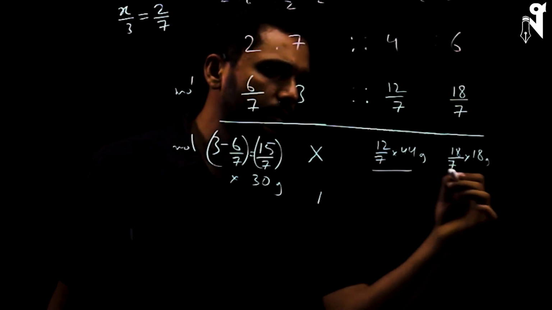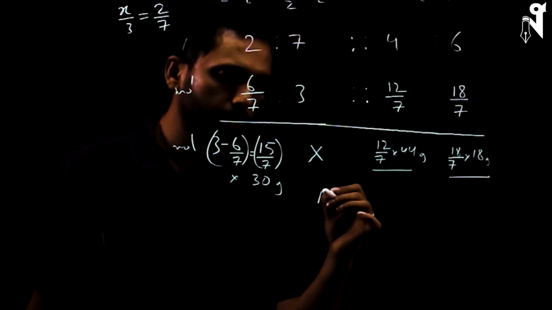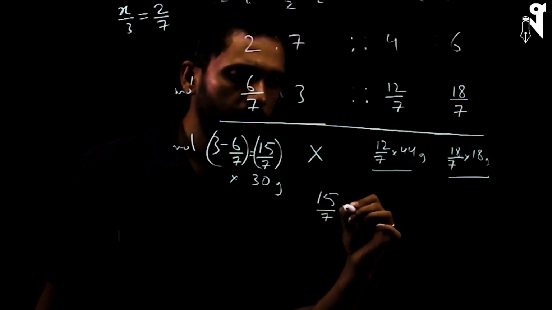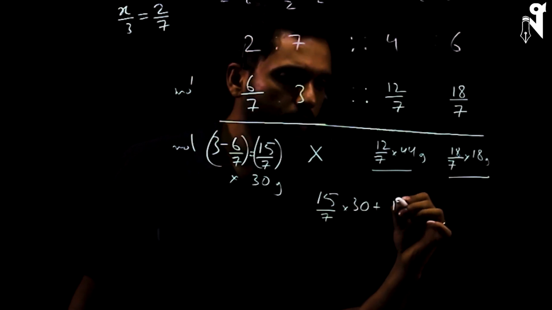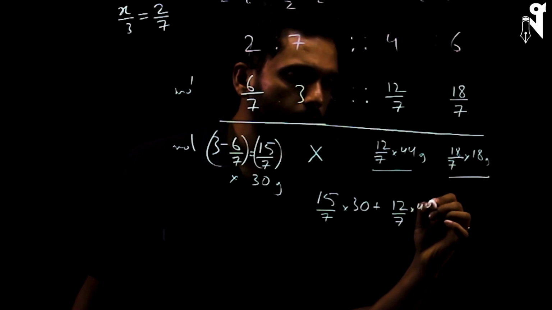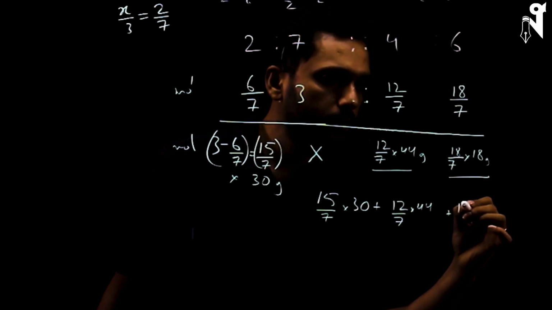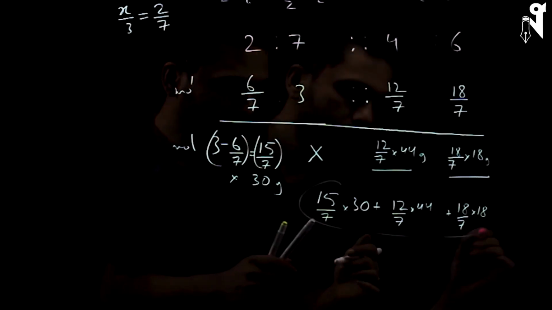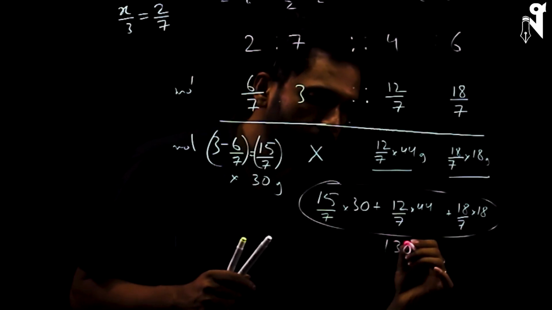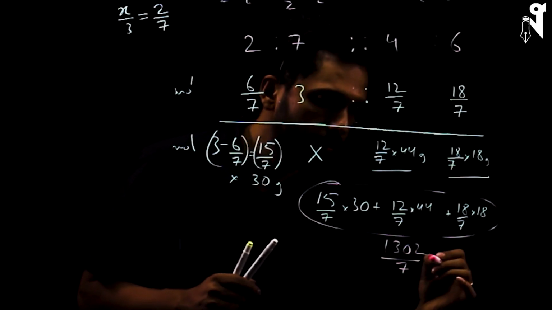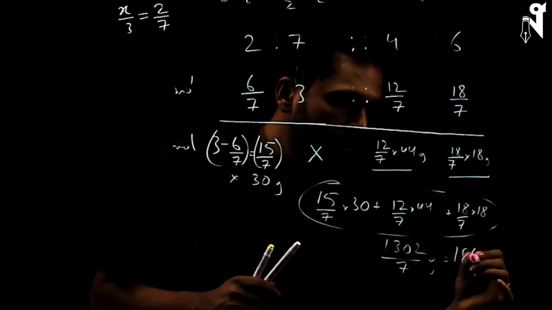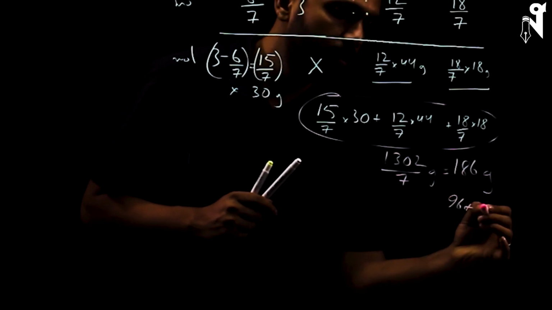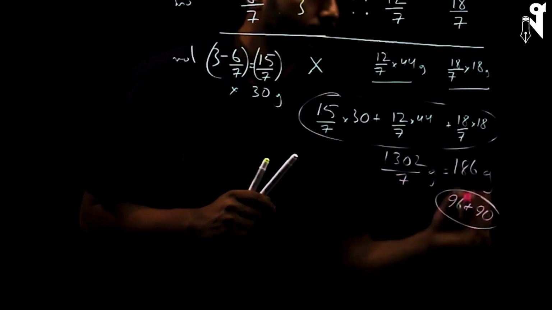Sorry, answers are these. You just calculate. I'm just going to add it for you. 15 by 7 into 30 plus 12 by 7 into 44 plus 18 by 7 into 18. So that gives you 1302 divided by 7 grams, which is 186 grams exactly, which was earlier there. 96 plus 90.